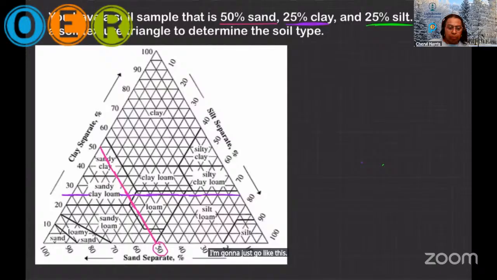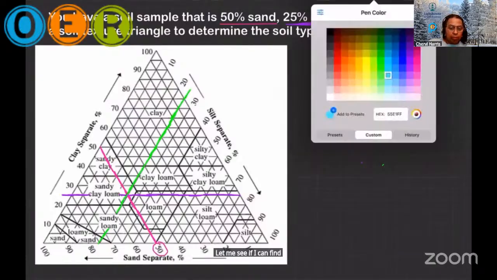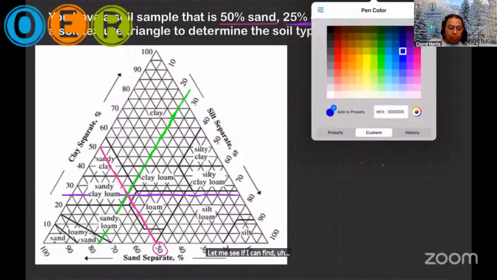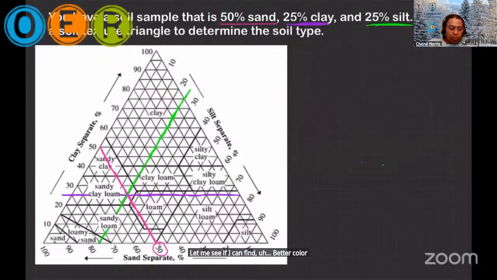And then our silt is 25%. So that's going to be, again, halfway between 20 and 30, and we're going to go at this angle. Okay. So you can see that all of our numbers meet right here, and that's in the sandy clay loam box.